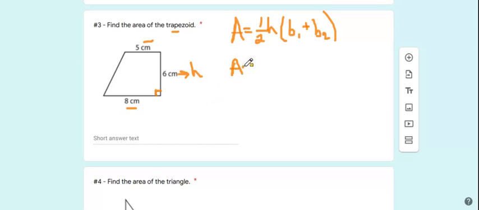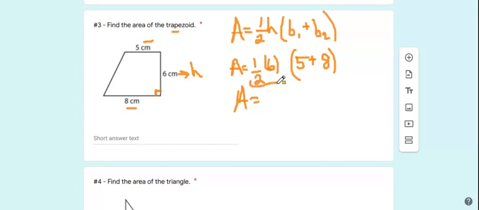So let's plug in my values here. Area equals 1/2 times my height, so that's 6. Okay, then the sum of the bases, so 5 plus 8. I'll add those bases together. Okay, so area equals, let me focus right here. What's 1/2 times 6? What's a half of 6? Well, you would say half of 6 is 3, right?